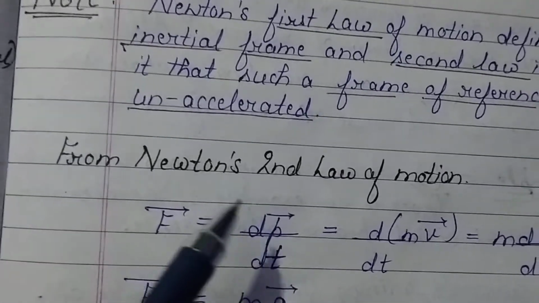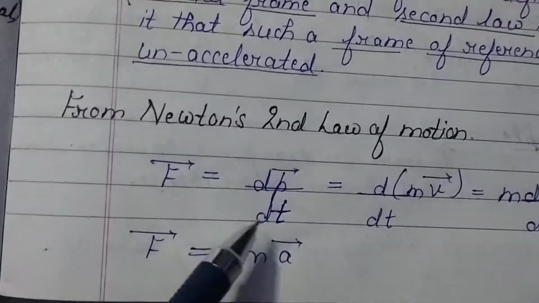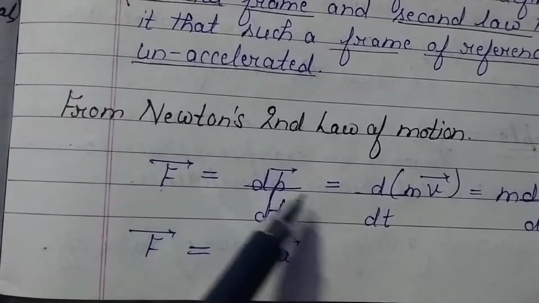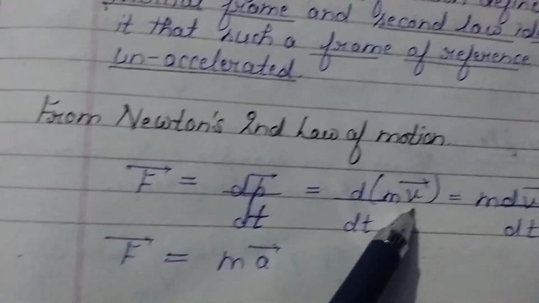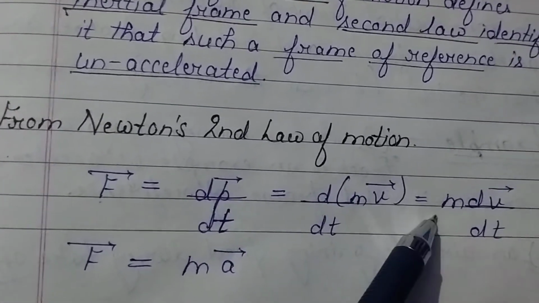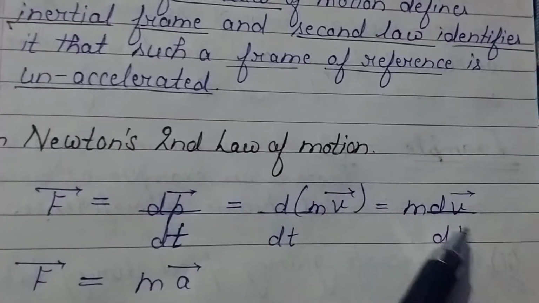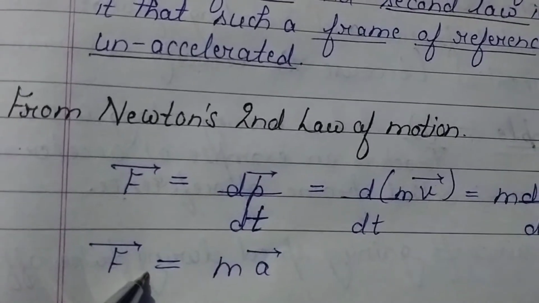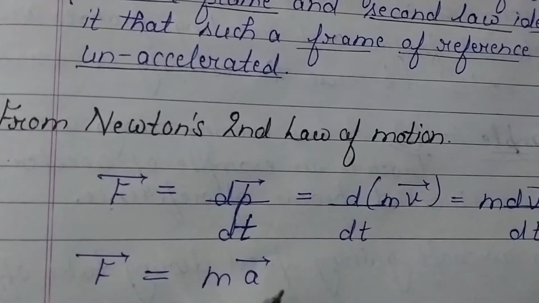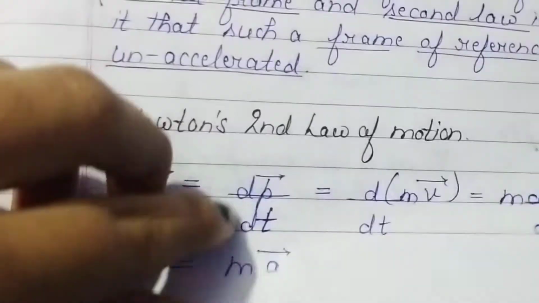So from Newton's second law of motion, F vector is equal to d/dt of p vector, meaning momentum, which is equal to d/dt of m times v, which is equal to m times the differentiation of velocity. That gives F vector is equal to mass into acceleration.